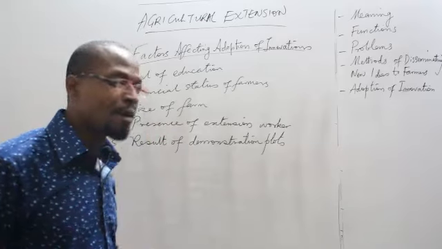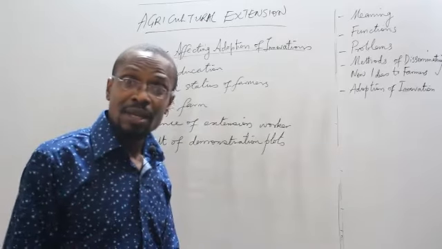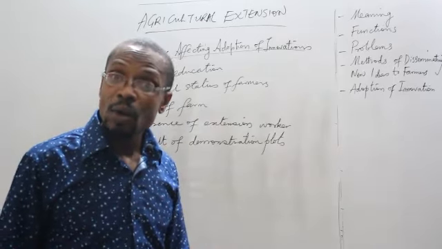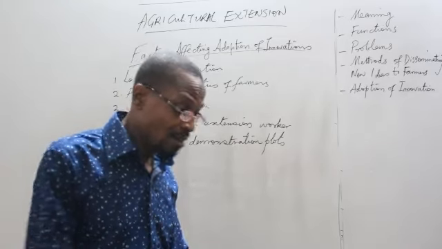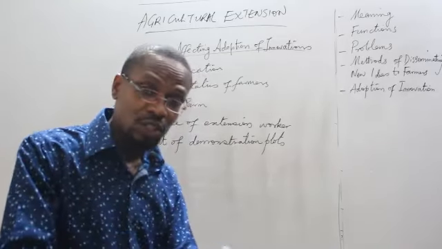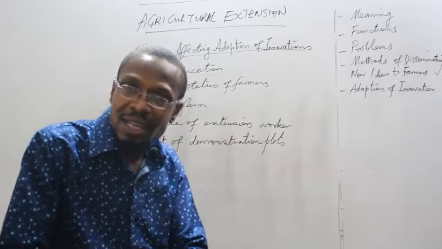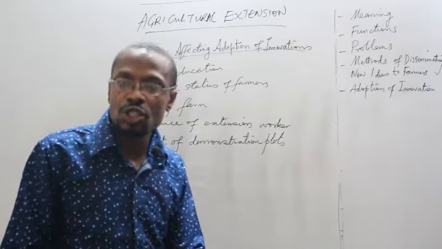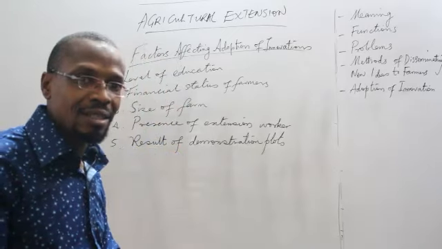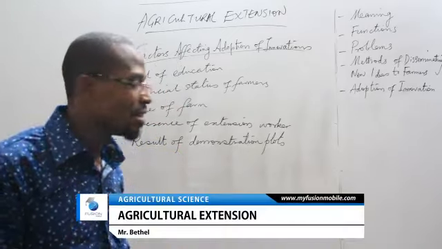The size of the farm. The larger the size of the farm, the more the farmer would want to adopt new methods. Why? Because the farmer can decide to bring out just a section of his farm and try this very method that is being introduced to him or her, and he does not stand to lose everything in the end.